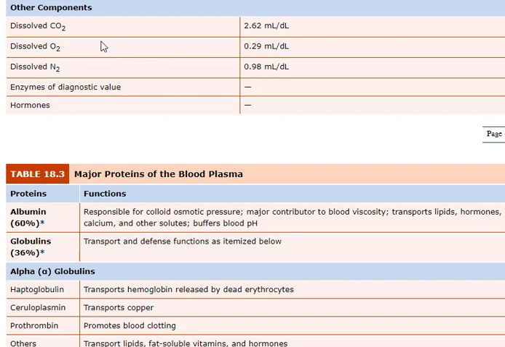So other things that are in the blood, of course, you've got carbon dioxide, oxygen, nitrogen, and enzymes. You have various enzymes in there, and you have various hormones. So they would run a special test. They would draw a special tube of blood to look for hormones or to look for active enzymes.